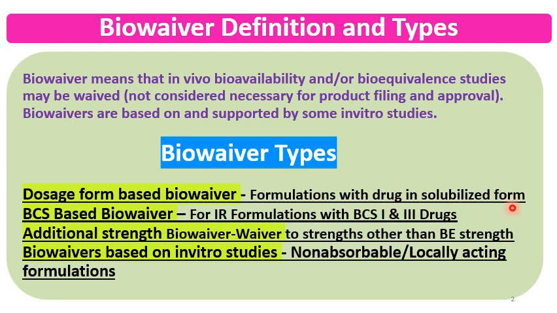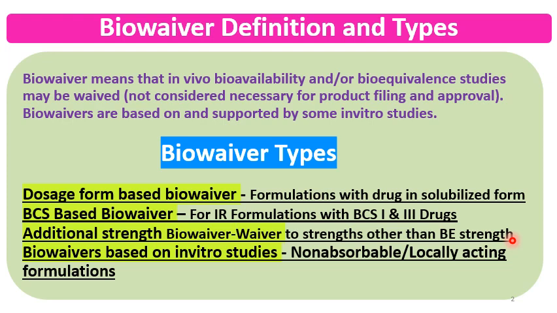Then BCS based biowaivers, for IR formulations which contain drugs with BCS class 1 and 3, that is highly soluble and high permeable or low permeable drugs. Then additional strength biowaivers are also granted. These are the waivers which are given to the strengths other than the bioequivalence strengths.